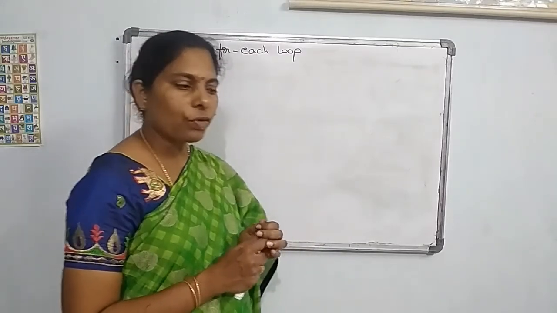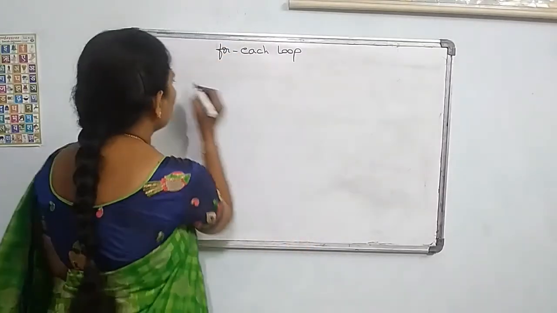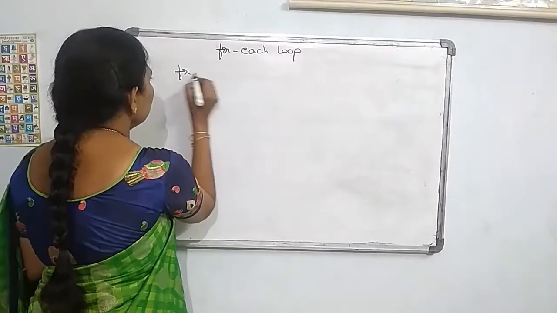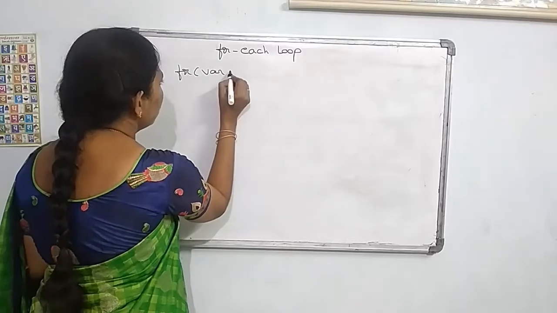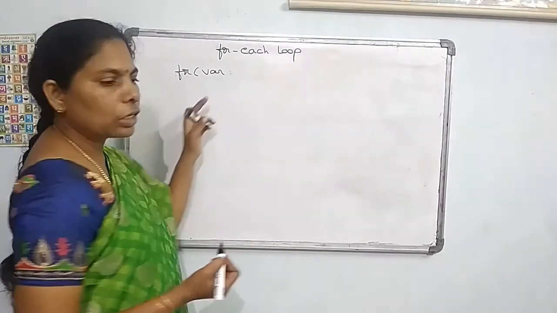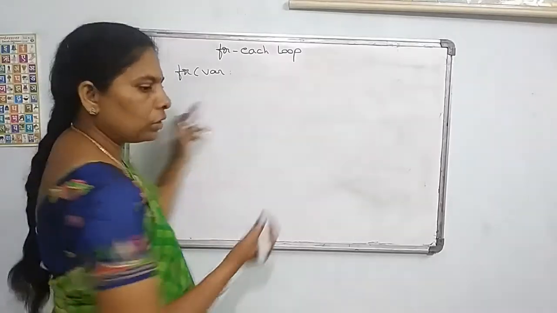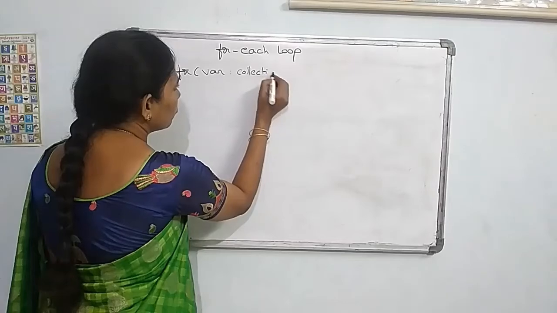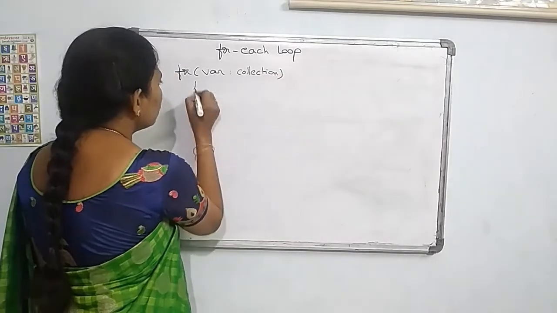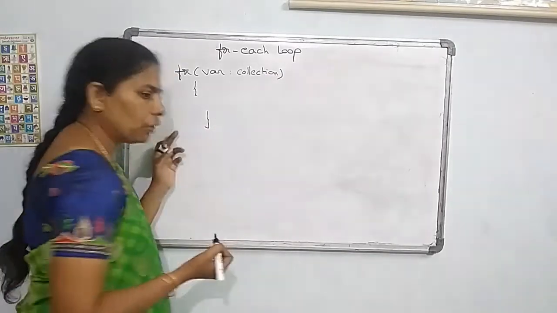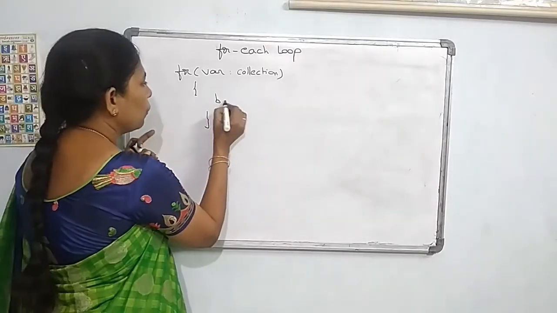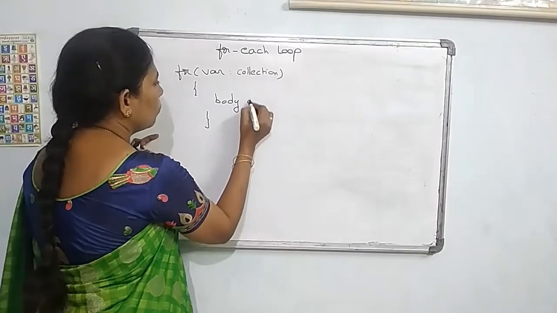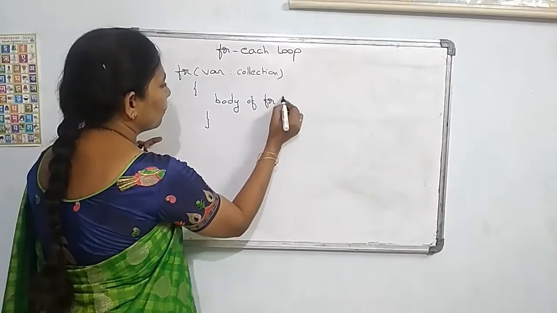The syntax of the for each loop is: for, then a variable, then a colon. Next you give the collection you want to use. Next you have the body of the loop.